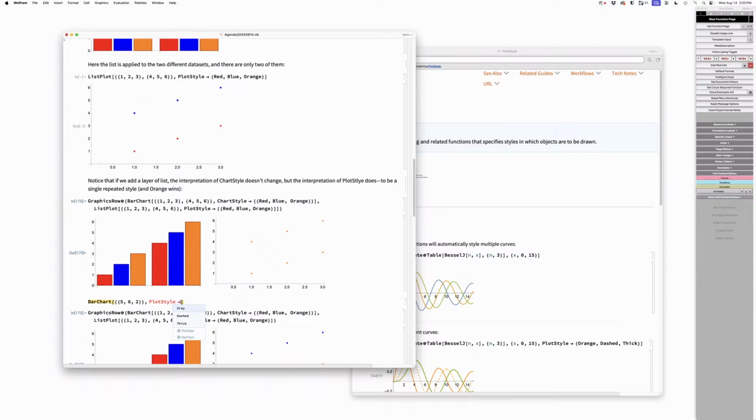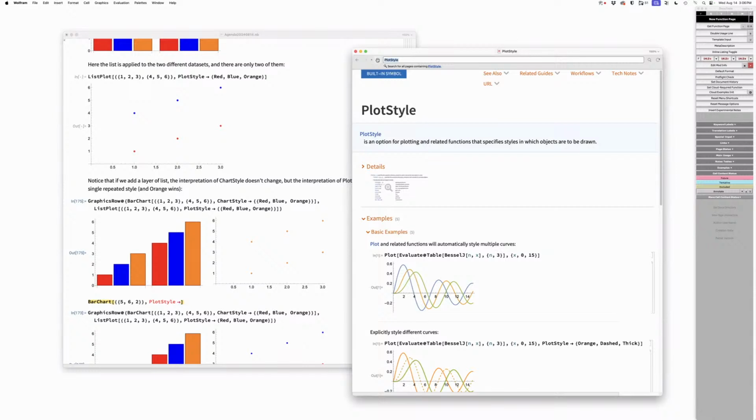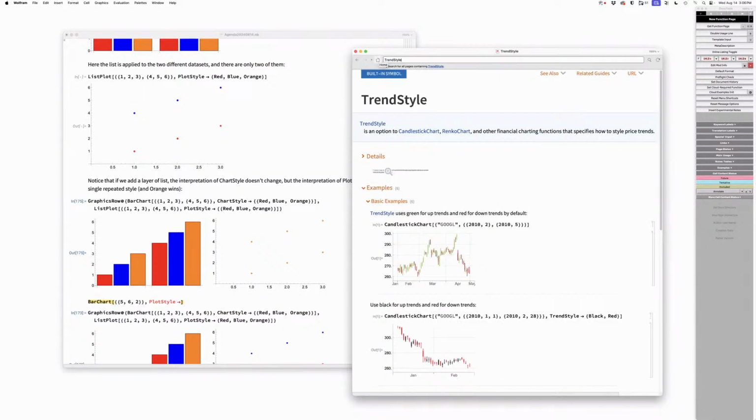If you look at other style options, I don't know what the overriding principle here is, but take a look at trend style, for example. Trend style? TREND. It's a financial thing, yeah. Yeah, I know.